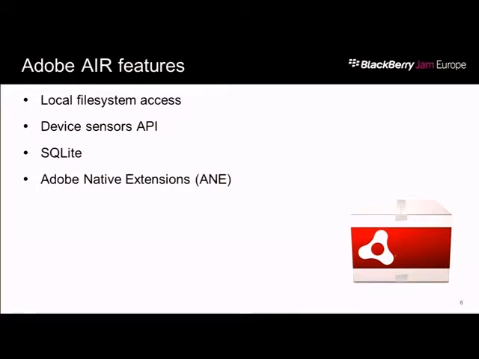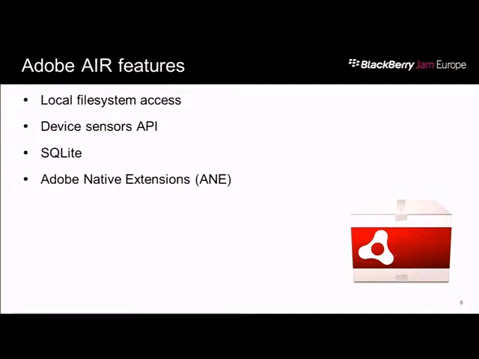Sensors like the accelerometer and gyroscope. And also we have an SQLite database, which is the power for data-driven applications. If we are working with a data-driven application, we can synchronize with a database, store a lot of data in our application, and query this data.